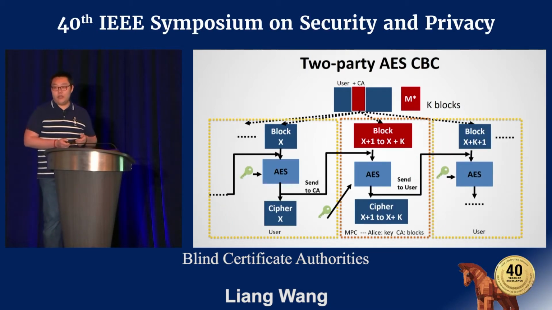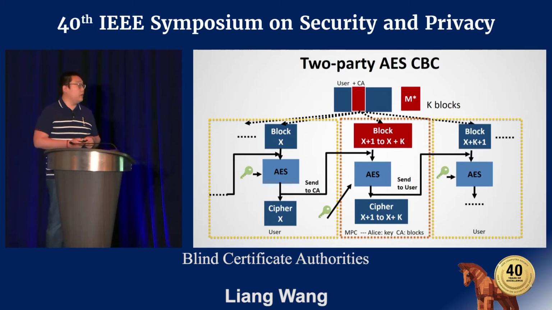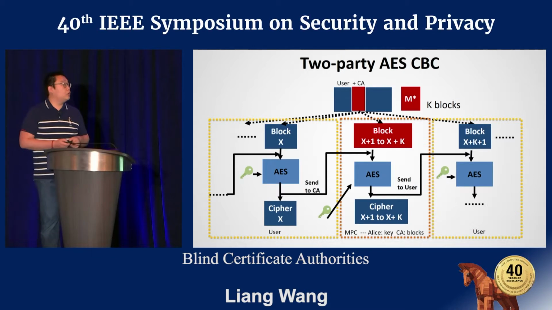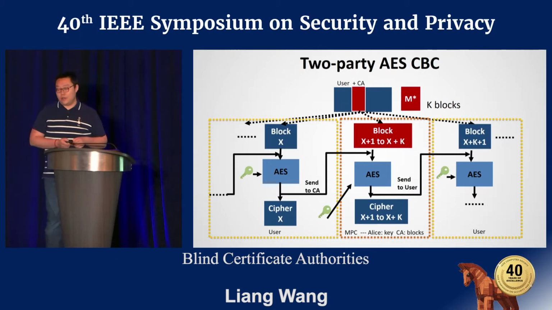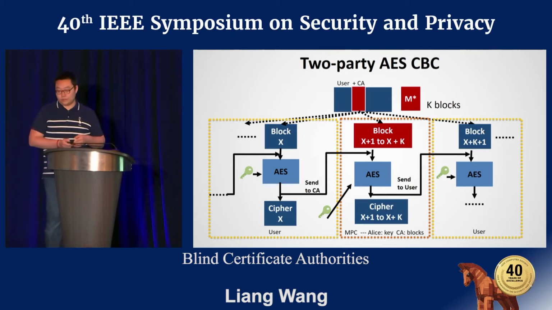And similarly, in AES-CBC, the user can send the ciphertext of block x to the CA. And the CA can run generic MPC with the user to compute the ciphertext for the challenge and send back the ciphertext of the last block of the challenge to the user, and so the user can continue to compute the rest of the ciphertext.